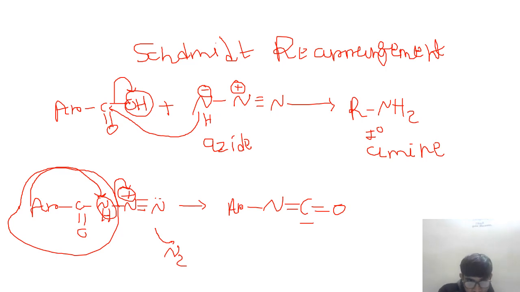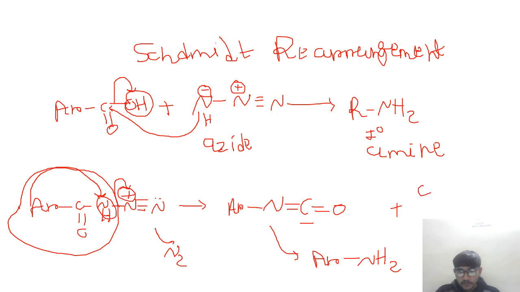As you can see, this NH is now attached with this aromatic group. Now this will react with a base, NaHCO3, and then it will be converted into the primary aromatic amine. Okay, and CO2 is also removed.